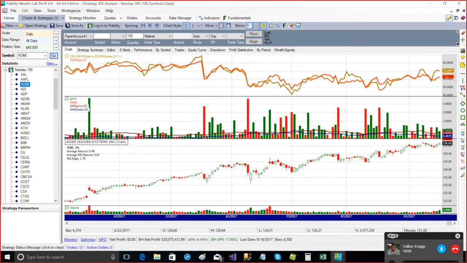What I did was, for every bar in the chart, I calculated the percentage return after 5 trading days. So since we're using an RSI with a 20 period, I figured, let's see how well it is at predicting the profit or return after 5 trading days.